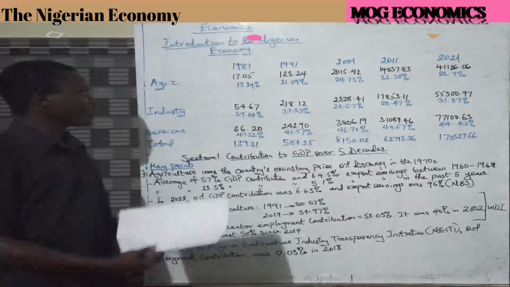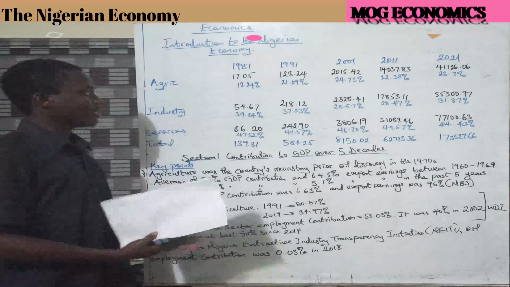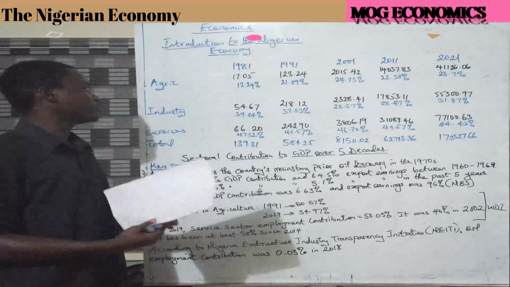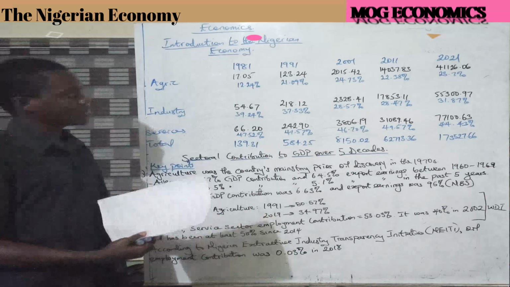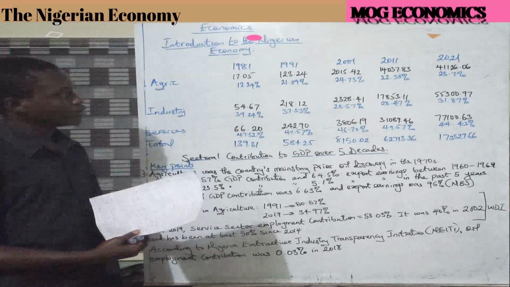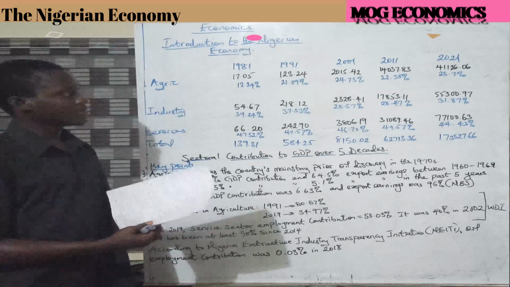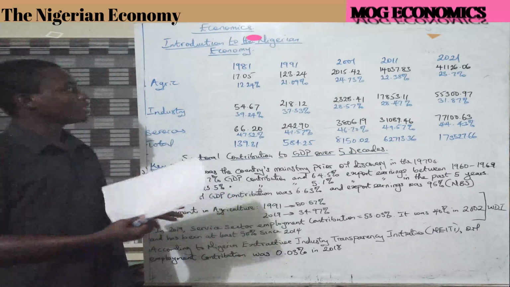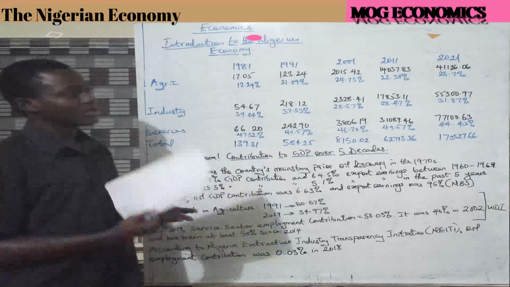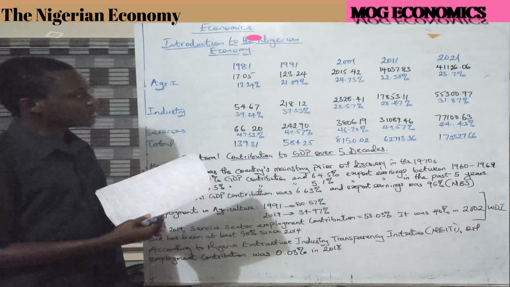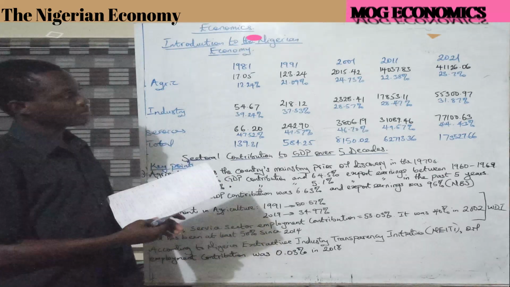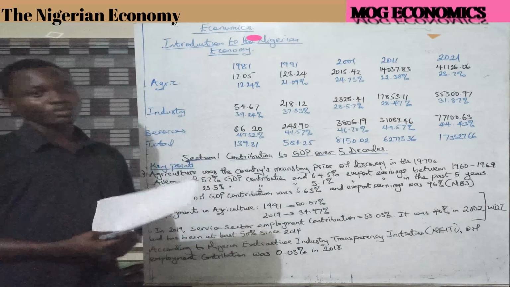So if we are telling our story, we can start by saying that the agricultural sector's contribution rose in 1991 and 2001. Then it fell in 2011 and rose again in 2021.